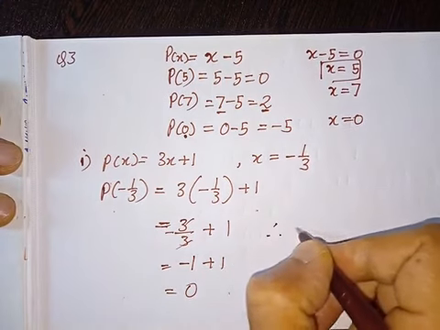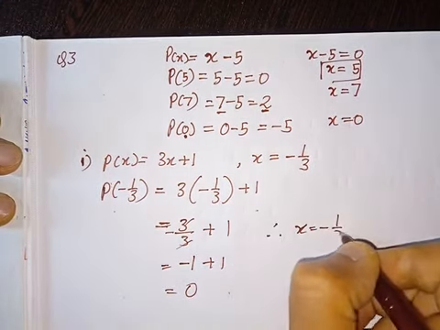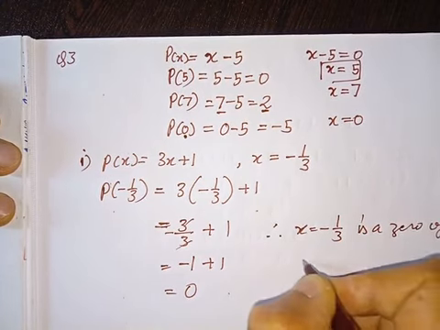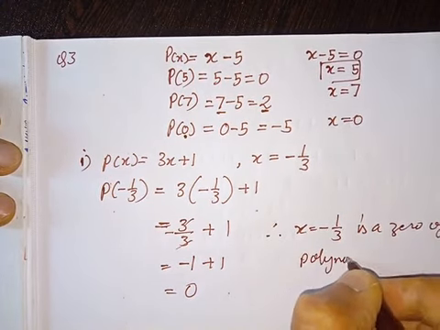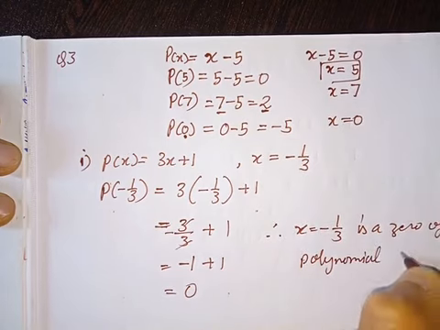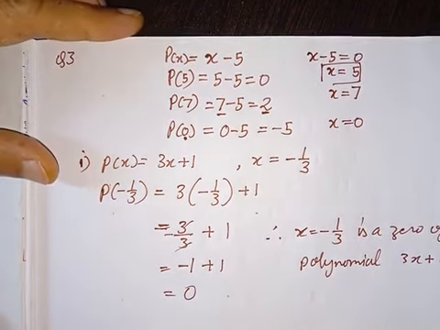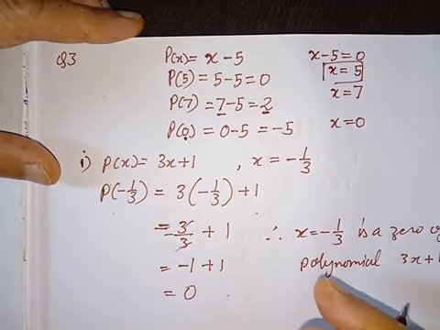Therefore x equals minus 1 upon 3 is a zero of the polynomial 3x plus 1. So similarly you can check all the remaining parts.